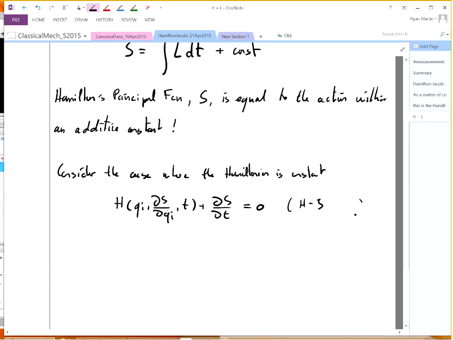That's the general case. If H is constant, say H is equal to some constant E for the total energy, usually what H is when it's constant.